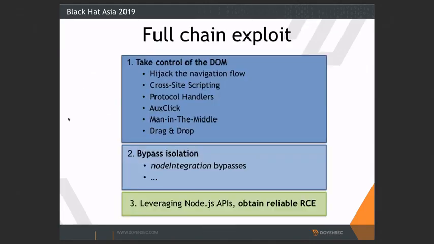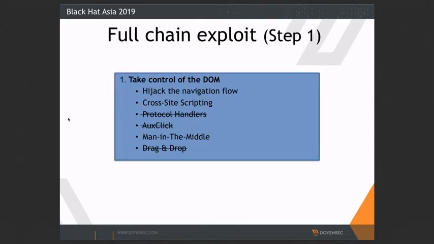If we look at the full chain of an exploit on any Electron app, you can distill this into basically 3 components. So let's start looking at each of them. On the first step, you need somehow to control the DOM. So you need to be able to inject JavaScript. This is typically done through cross-site scripting, but there are actually a lot of other ways, including, for example, middle click.